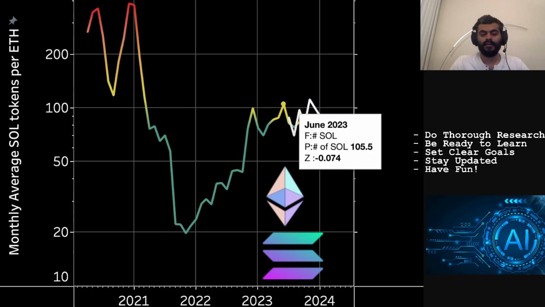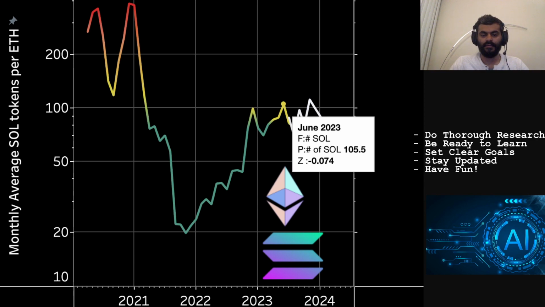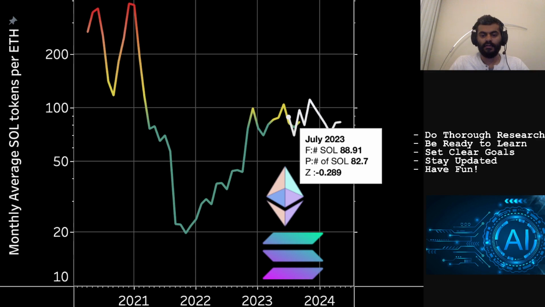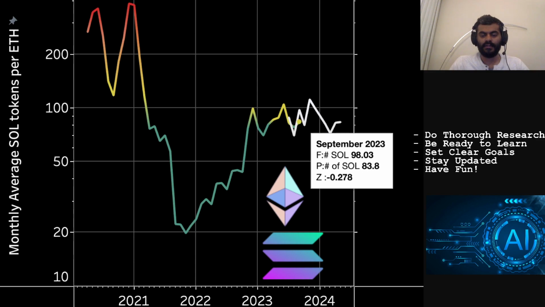Right now you can see that the z-score is in neutral territory, at around negative 0.07, and in September it was at 0.027, so slightly favoring Solana over Ethereum.